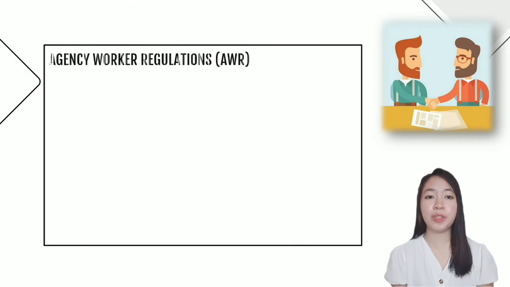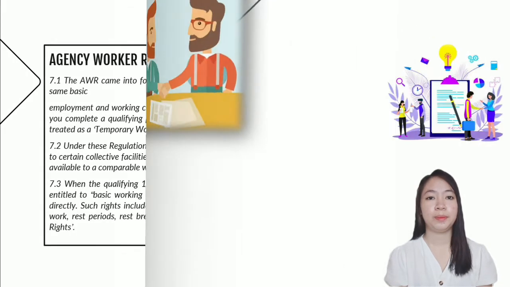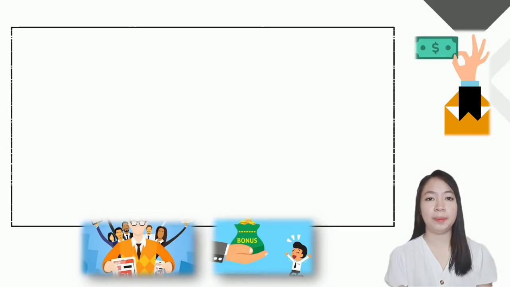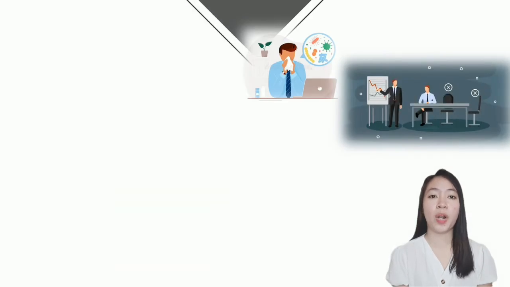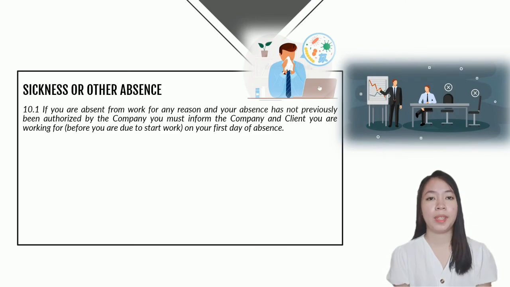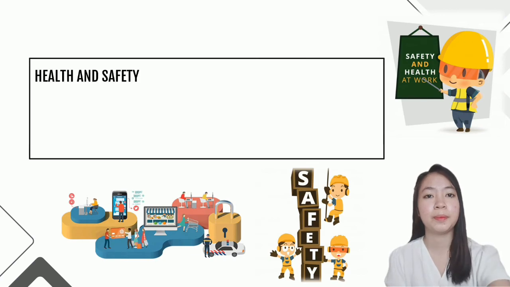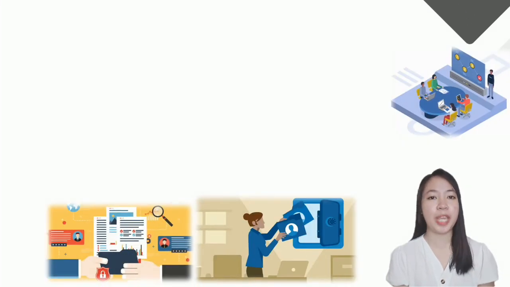Agency Worker Regulations, or AWR. Termination. Holiday and holiday pay. Sickness or other absence. Health and safety. And confidential information.